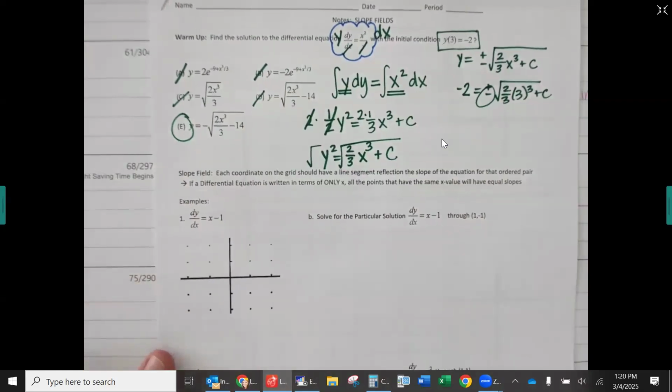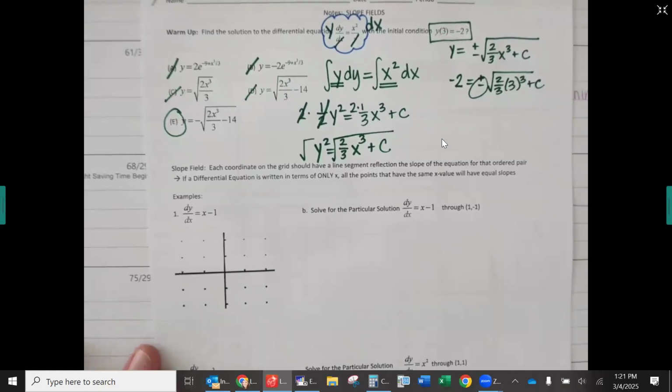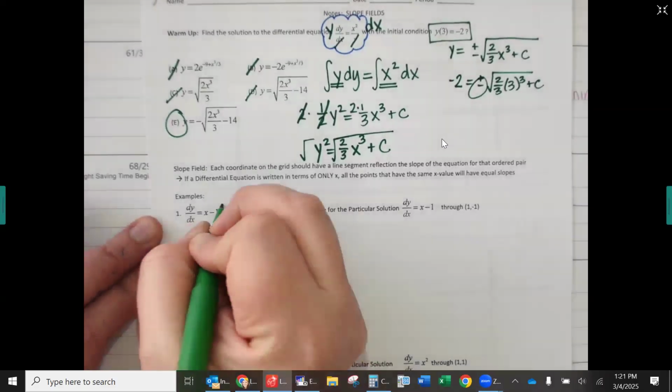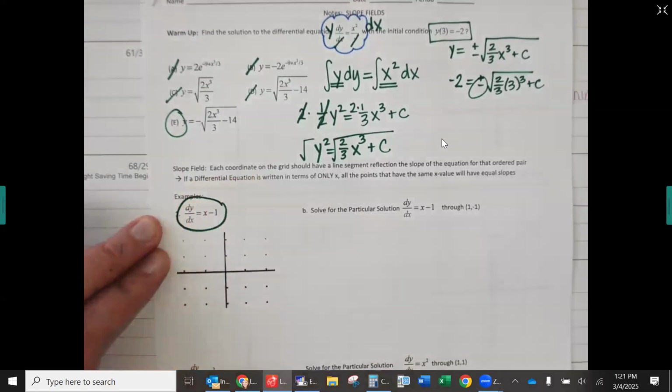Okay. So our goal today is to tie this into something called the slope field. Slope fields are a little bit tedious, but overall, they should not be super hard. So let's take a look at number 1. The first thing I want you to notice is that you have a dy dx equation.